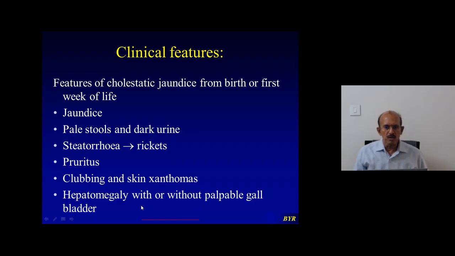Hepatomegaly with or without a palpable gallbladder. The gallbladder is palpable in type 1 cases. In type 2 and type 3, the gallbladder is not palpable. So the features are just cholestatic jaundice at birth or in the first week of life.